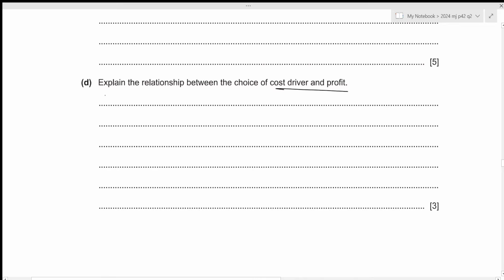Let's write it down. The choice of cost driver does not affect the total costs, as it just moves costs between products.